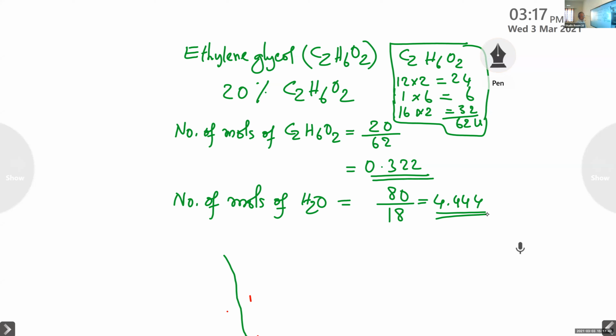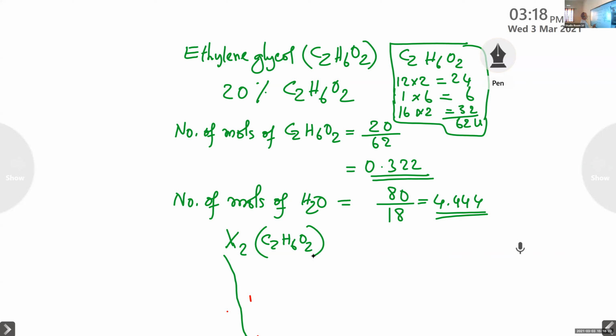Now we can calculate the mole fraction of each component. You calculate the mole fraction of ethylene glycol. So you take X2, that is C2H6O2. Why I have written 2? Do you remember the norms that I follow? 1 for solvent and 2 for solute. Here solute is ethylene glycol. So its mole fraction is taken as X2.